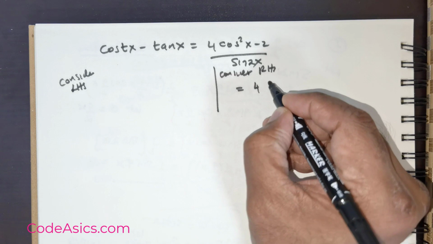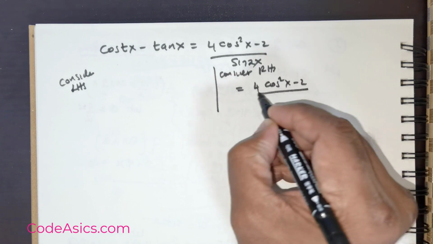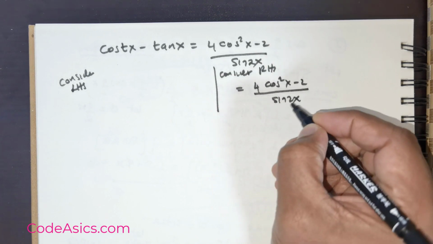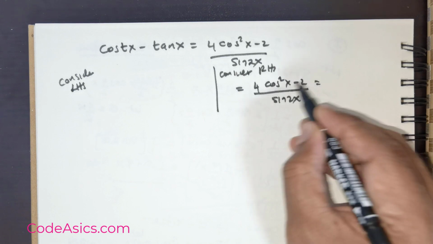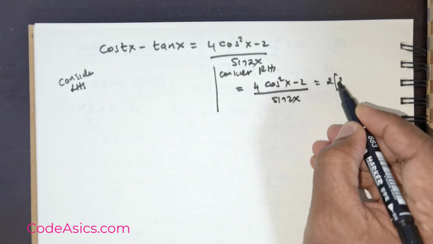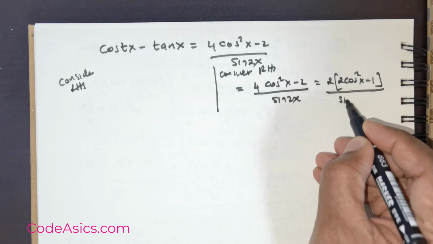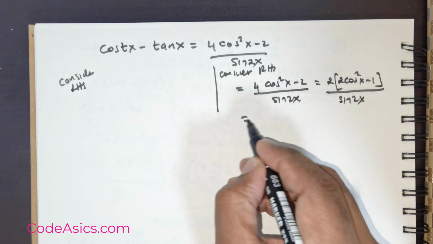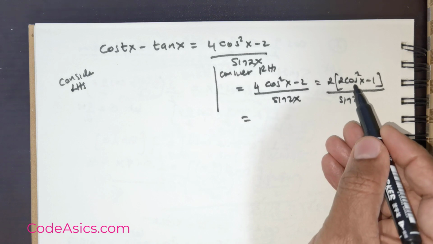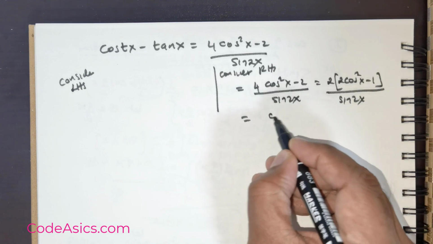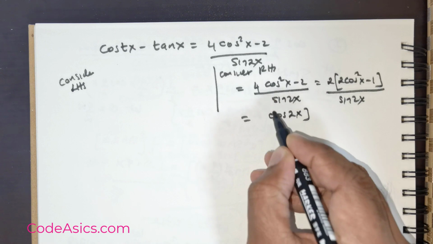The right hand side is 4 times cos squared x minus 2 divided by sine 2x. So if I were to take 2 out, this is going to be 2 times 2 cos squared x minus 1 divided by sine 2x.